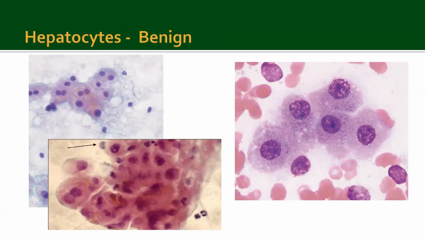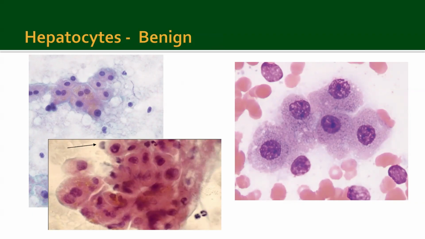So hepatocytes are really funky looking cells. You can see that they are polygonal in appearance. They have really defined borders, and their cytoplasm has these really cool eosinophilic granules in them.